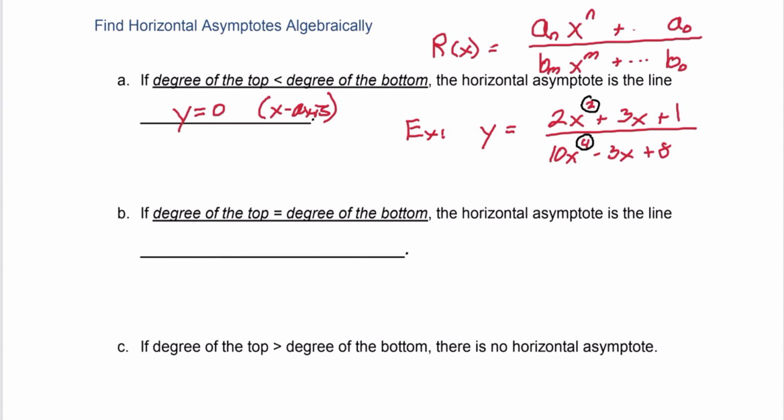Then for b, if the degree of the top is equal to the degree of the bottom, then the horizontal asymptote is the line y equals a sub n divided by b sub m. We're looking at a ratio of leading coefficients.